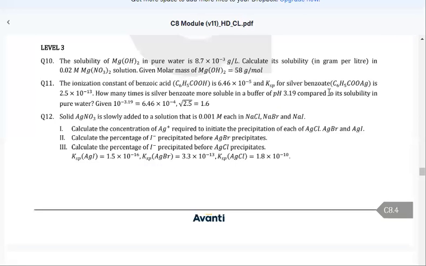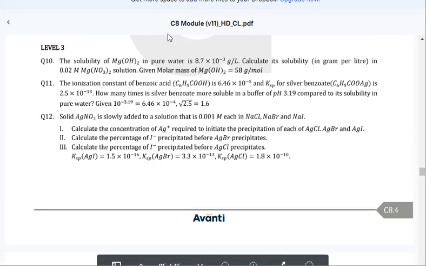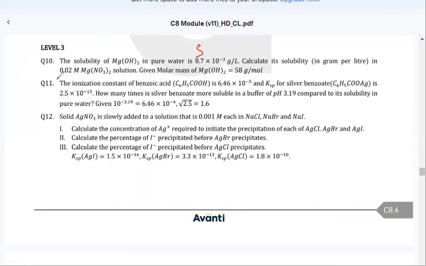Question number 10. The information given is, as usual, the solubility of Mg(OH)2 in pure water. S in pure water is given. Calculate the solubility in 0.02 molar Mg(NO3)2. Again, what do you think? What is this? Common ion? Yes or no?